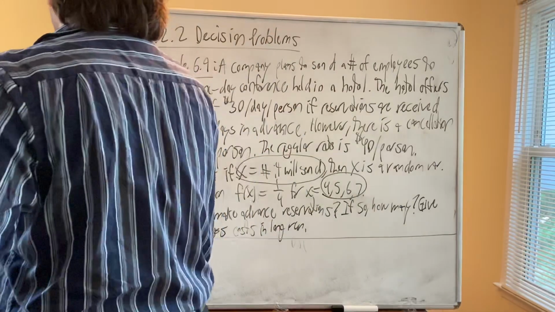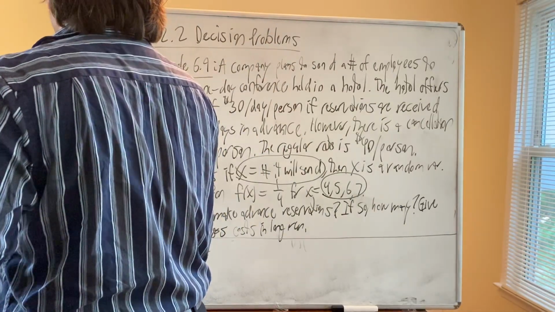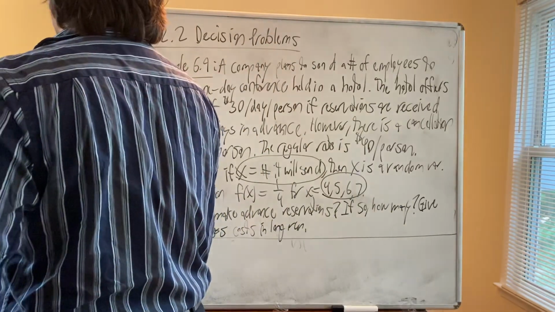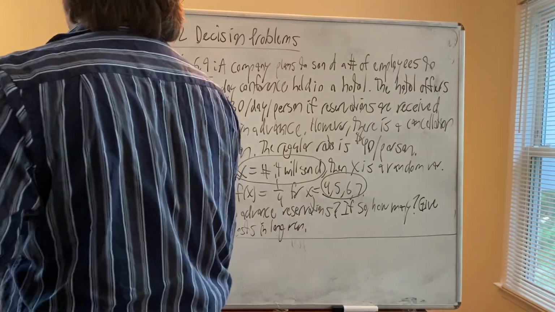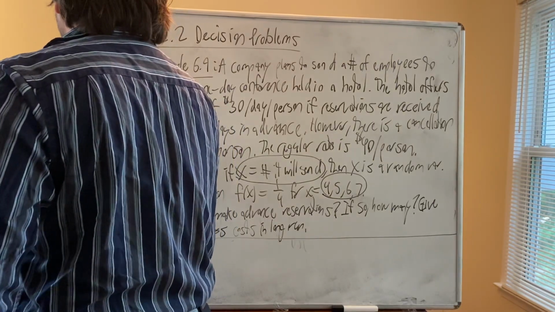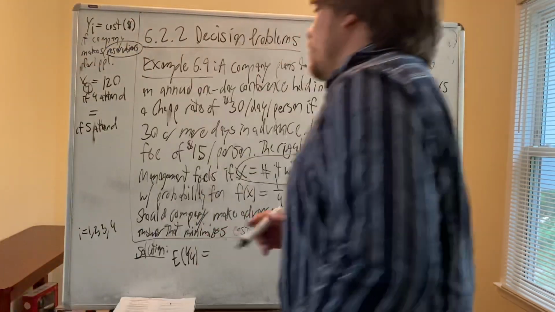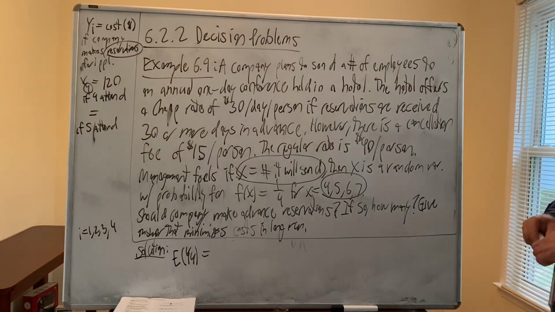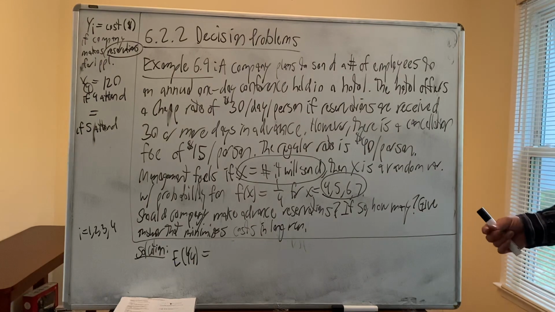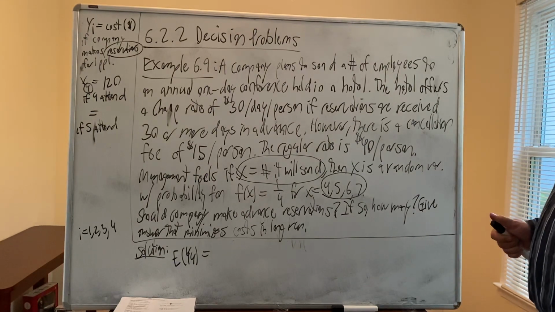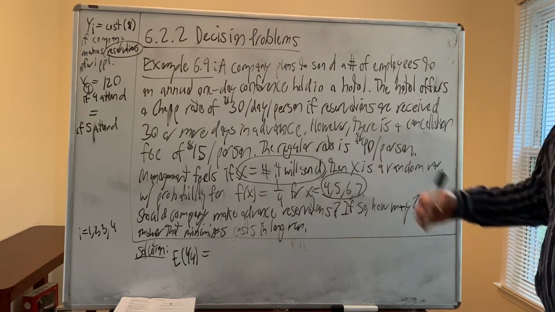Y sub 4 could also equal, well, if 5 people attend and they made reservations for 4 people, then there's 1 additional person that they didn't make reservations for. The regular rate is $40.